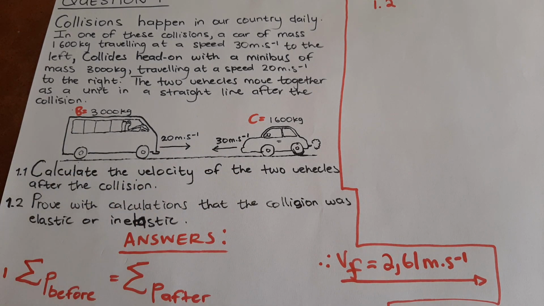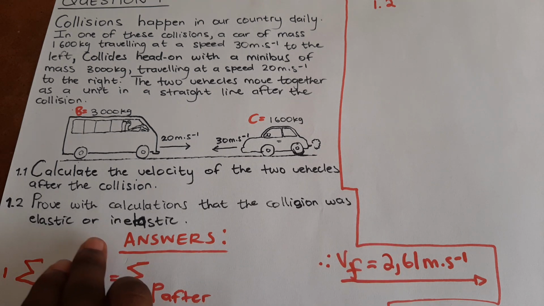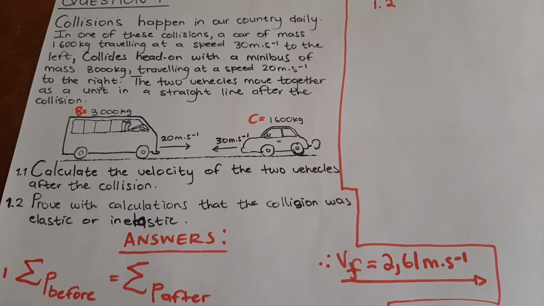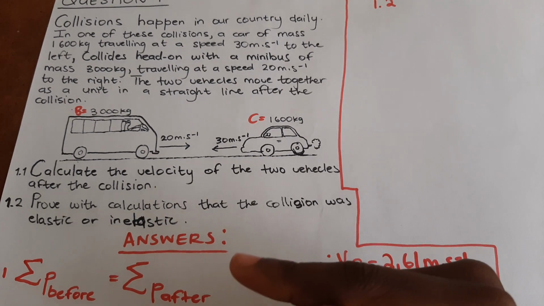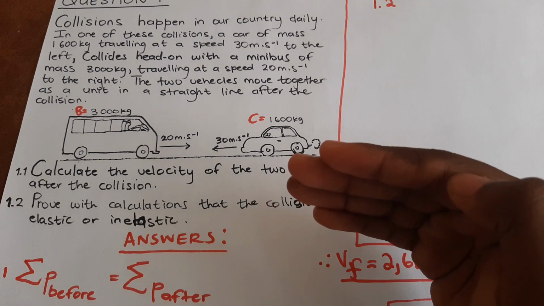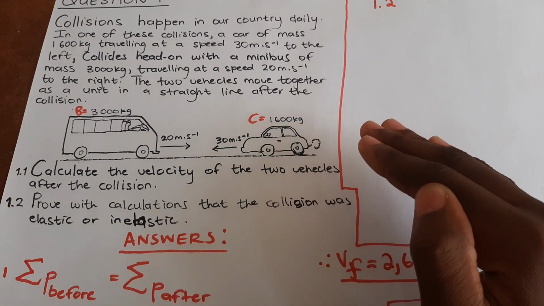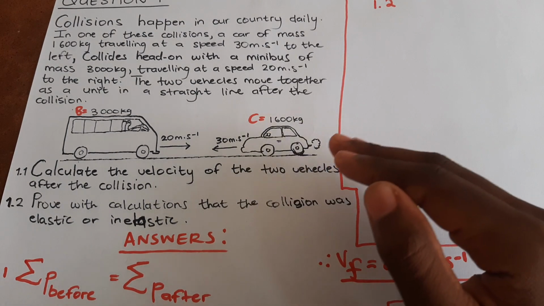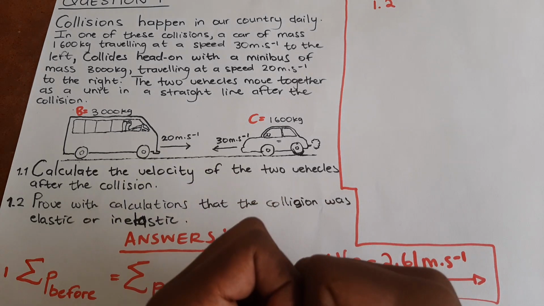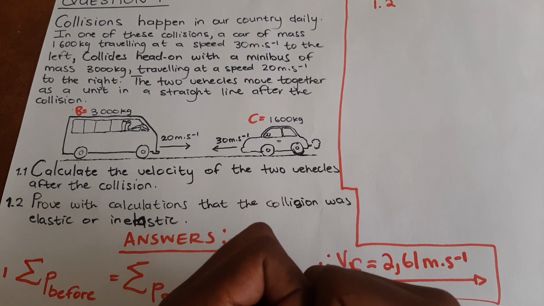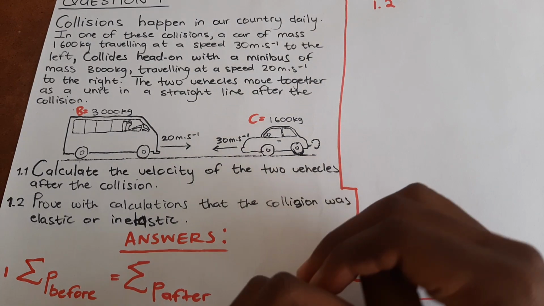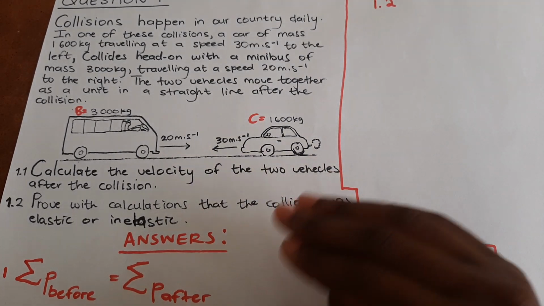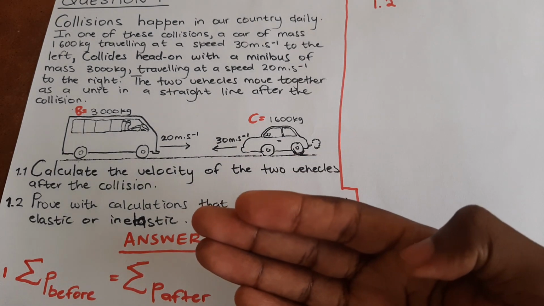That's an elastic collision, which is very rare in real world situations. An inelastic collision means that the kinetic energy is not conserved: the sum of kinetic energy before the collision and the sum after the collision are not equal.